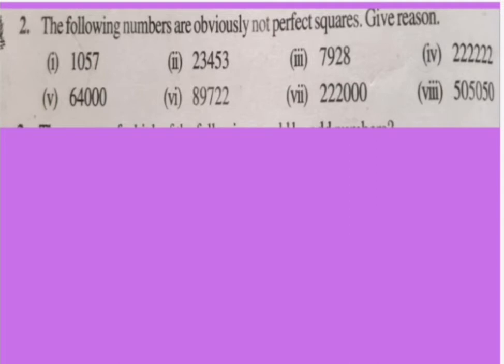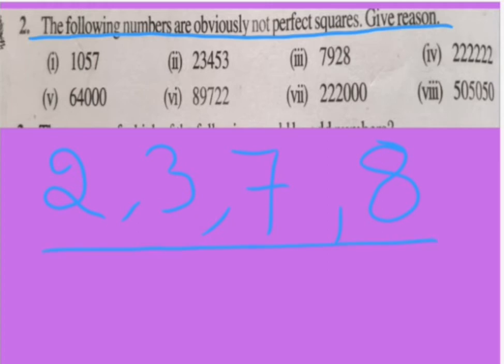Second question is, the following numbers are obviously not perfect squares. Give the reason. It is already given that these numbers are not perfect square numbers. What is the reason for that? We know that whenever we get 2, 3, 7 and 8 in the unit place of any number, then that number cannot be a perfect square number.